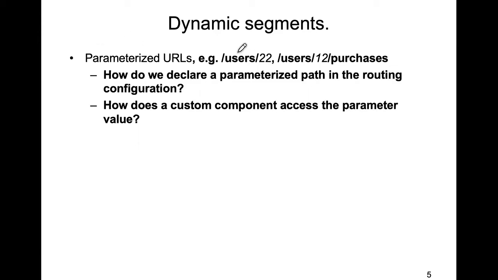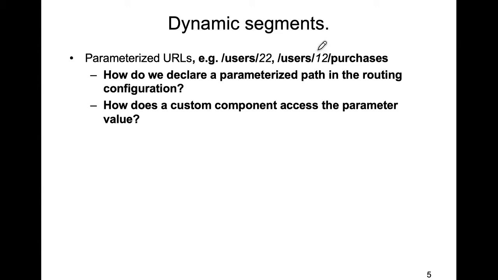Just by way of example, this here might be a URL associated with a React application that we're developing, where, or at least this is the pattern, the 22 here would refer to perhaps a user whose ID was 22. But that could be any value here, okay? Similarly, in this example, the 12 is more than likely a parameter value.